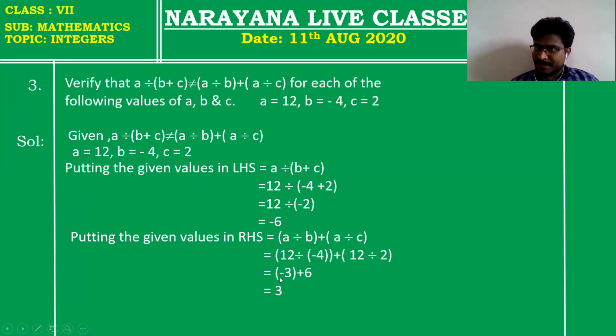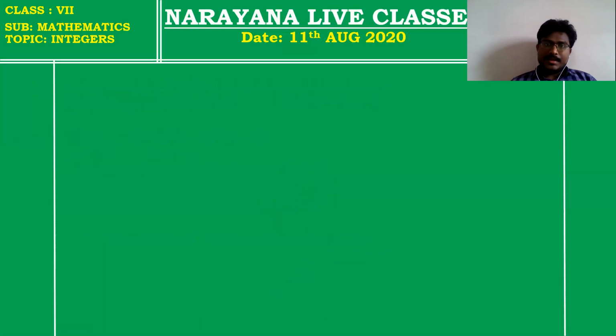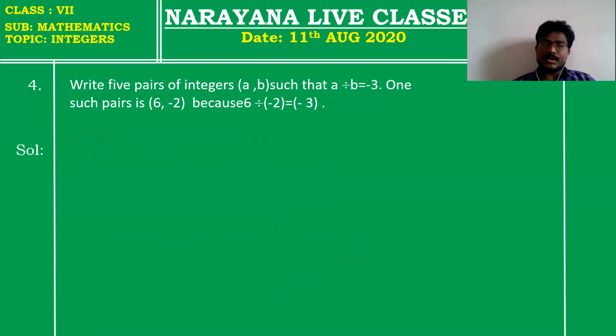Minus 3. 12 divided by 2 is 6. Minus 3 plus 6 is plus 3. So plus 3 and minus 6 are not equal. So LHS is not equal to RHS. This is what we needed to prove. Hence proved.